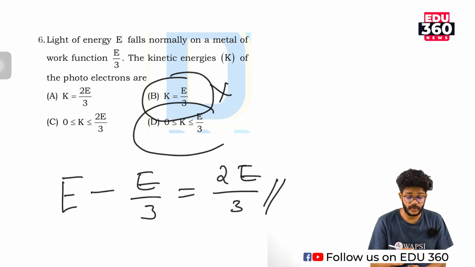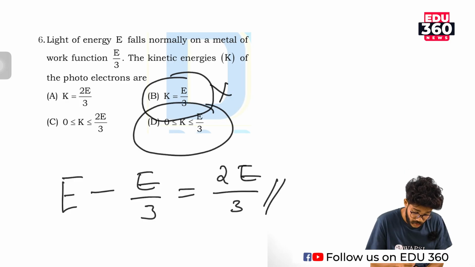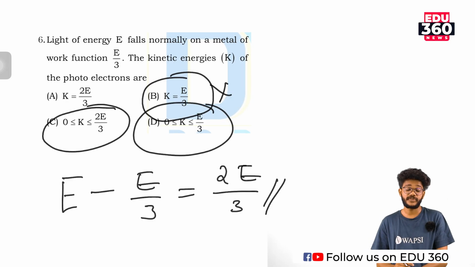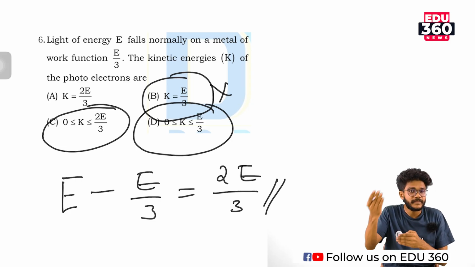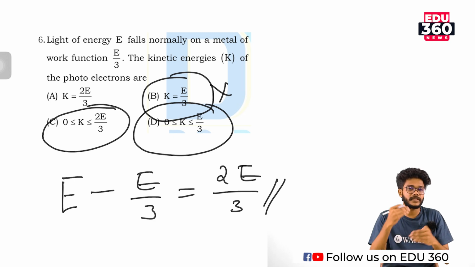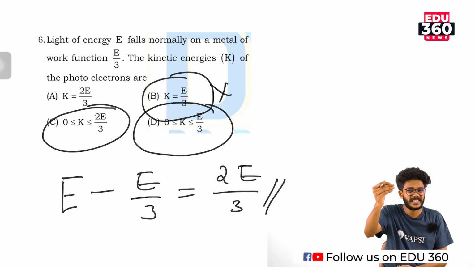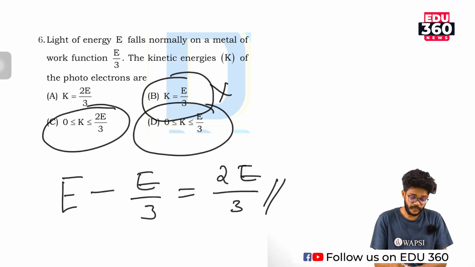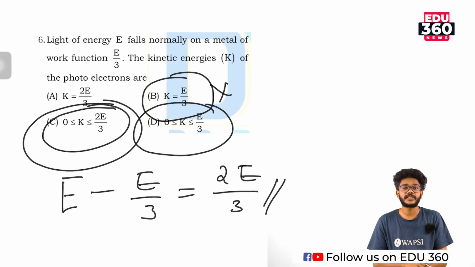It is from 0 to 2E by 3. Option C is more accurate because there can be some collision, some energy disintegration factor, some external factor. That will result in some photoelectrons having energy lesser than 2E by 3. So the correct option is option C.